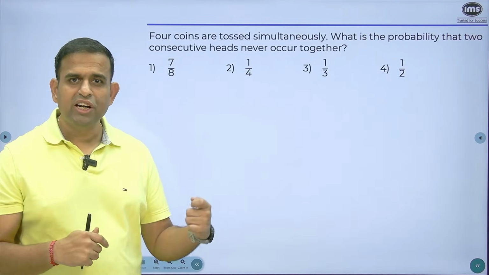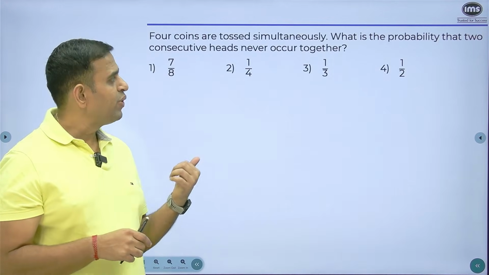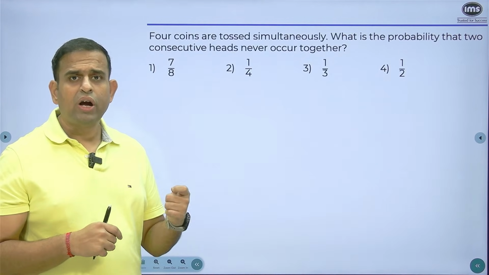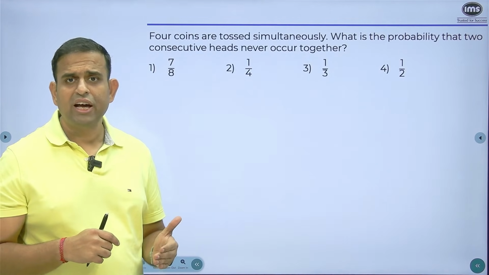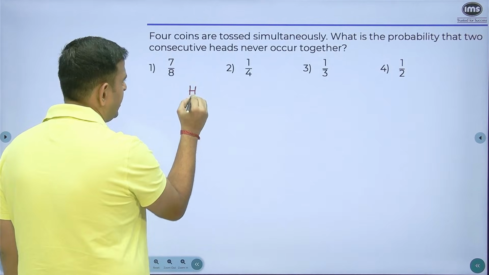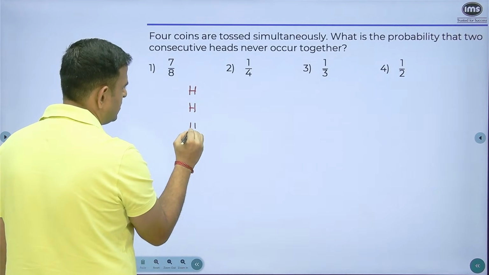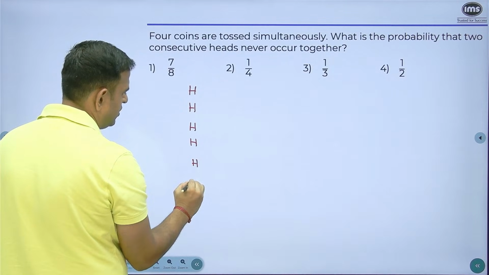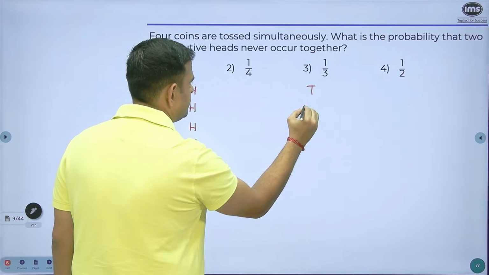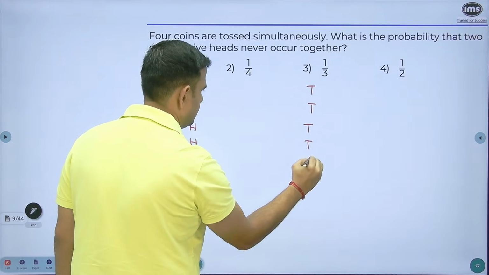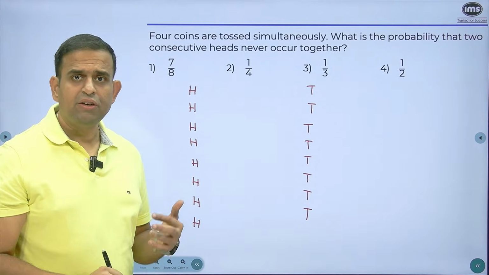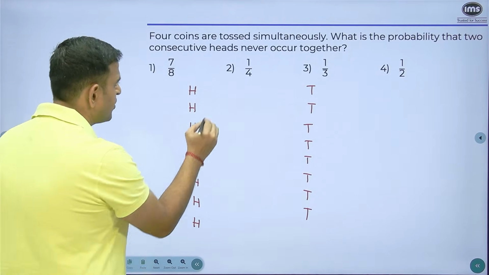First one, the long method of listing down all the cases. Since we are going to have a total of 16 outcomes, one of the nice methods would be to write down first half the number of times H and half the number of times T. So I will write down a total of 8 times H and then 8 times T. Then I will write the sequence of 4 times H, 4 times T in that order.